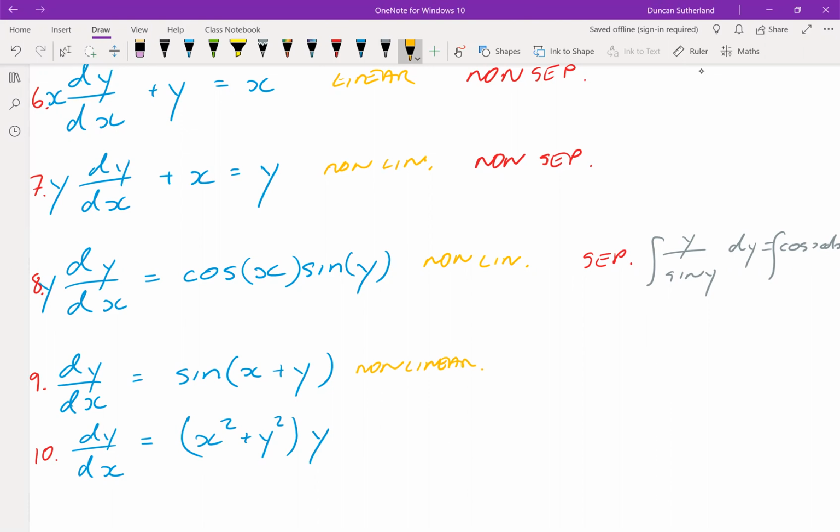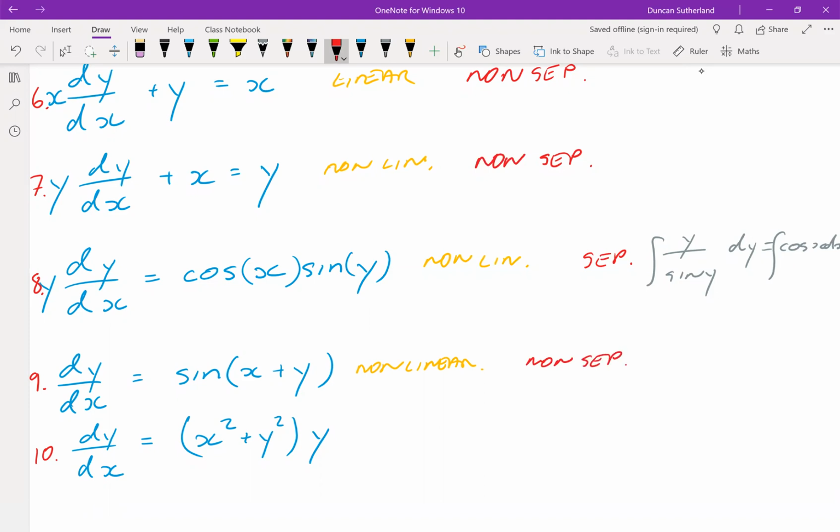You might think that a trig identity will save you and make this separable, but the additive trig identities give you things like sine x, sine y, cos x, cos y, or sine cos, whichever those trig identities happen to be. Either way, you're not going to get a disentangle. This thing does not disentangle, even if you look at trig identities, so non-separable.